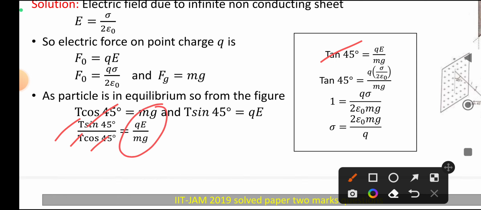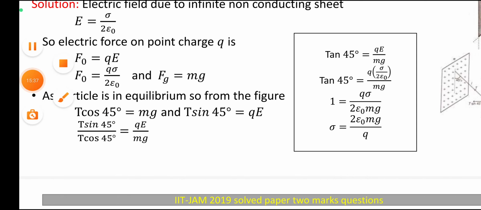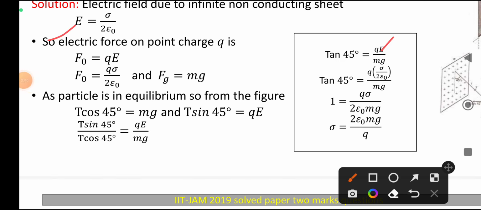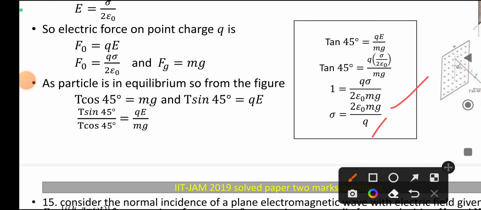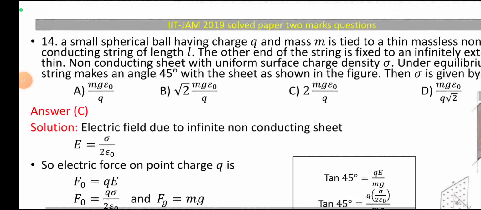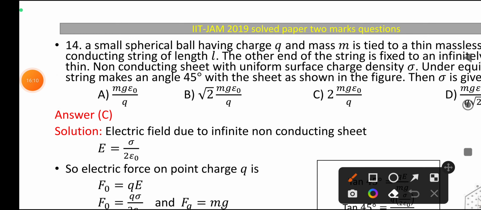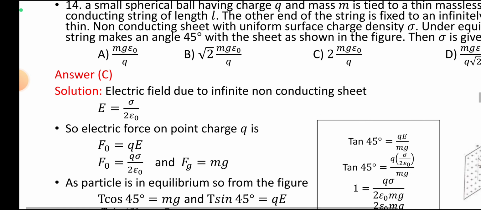We already know the value of E is sigma by 2 epsilon naught, so substitute that in place of E, because we have to calculate the sigma value. Tan 45 is 1. So Q sigma by 2 epsilon naught equals mg. Bring all quantities except sigma to this side, and sigma equals 2 epsilon naught mg by Q. The option is C. Okay, like this you have to calculate.